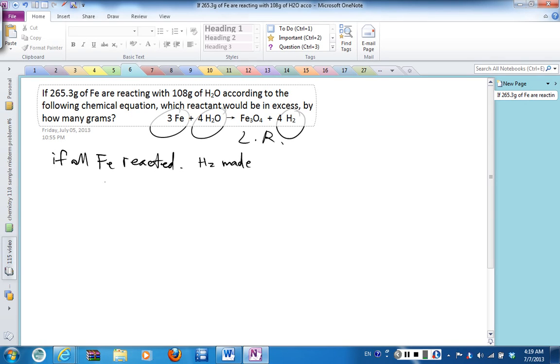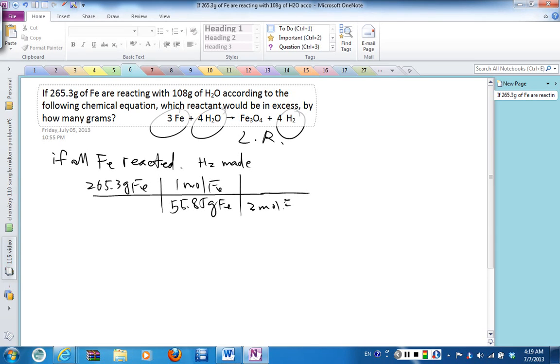That should be 265.3 grams of iron, 55.85 grams per 1 mole, which 3 moles of iron would produce eventually 4 mole of H2 gas, and each 1 mole of H2 gas would be 2.016 grams.